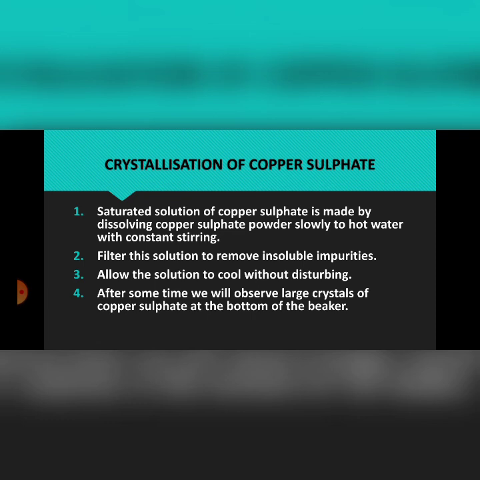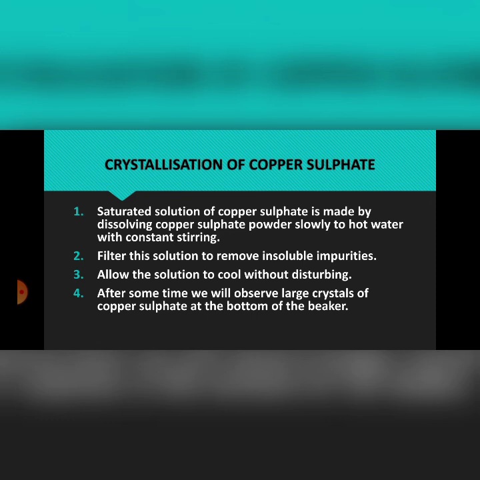We take hot water and dissolve some copper sulfate powder in it to make a saturated solution with the help of constant stirring. Then this hot concentrated solution is filtered to remove insoluble impurities.